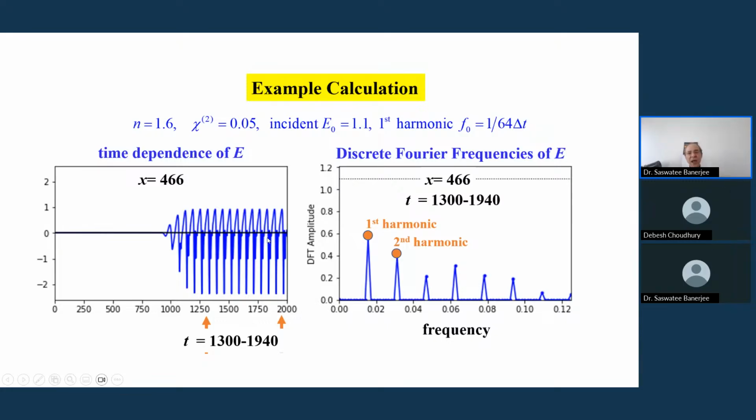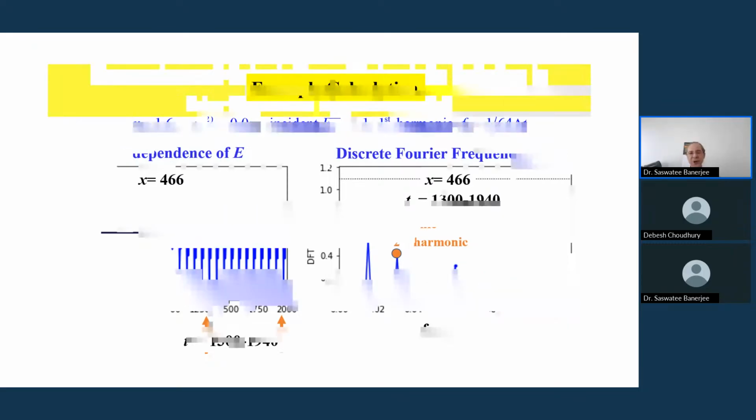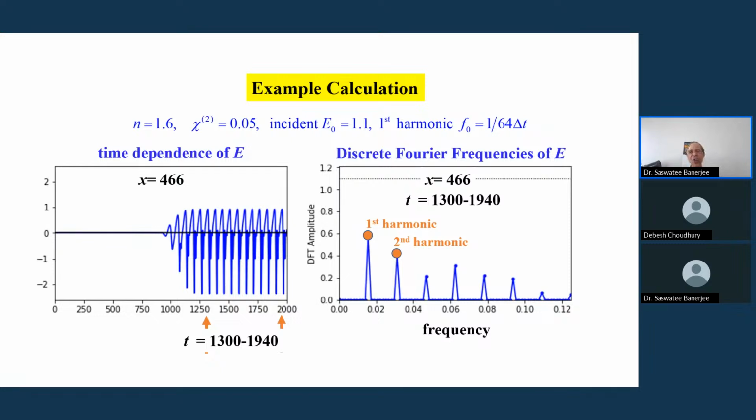And then I put it into a discrete Fourier analysis. And the first harmonic, this is just another fancy word for the fundamental frequency. So this is the frequency of my source. And again, I've used it in these units that are not tied to any particular physical frequency.